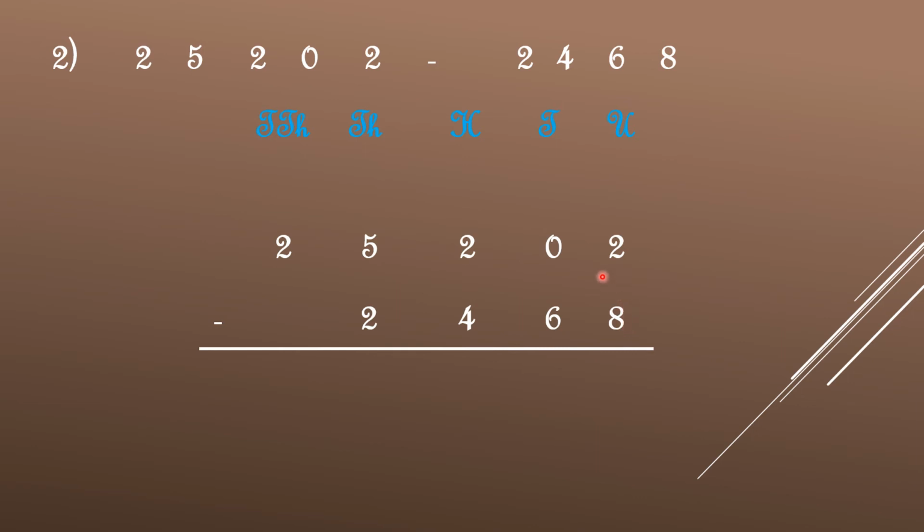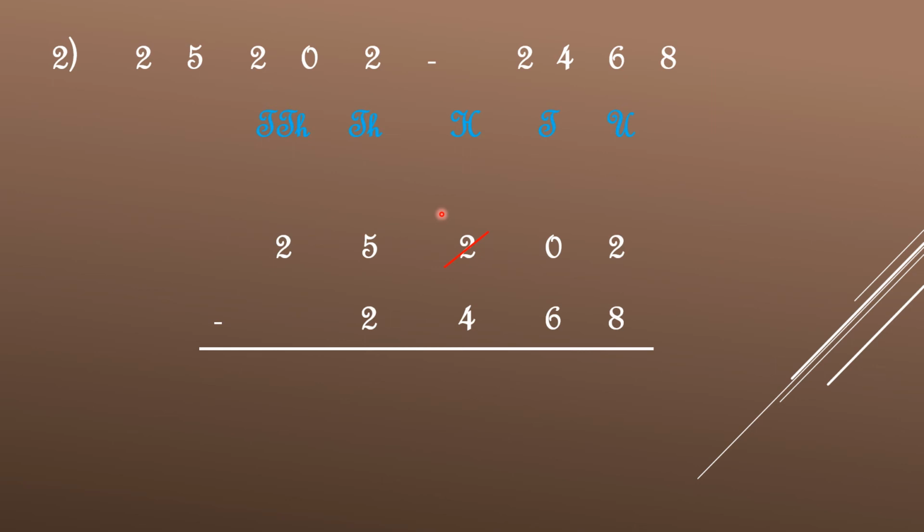So I borrow. Now if you look at this number, children, over here, it shows 0. Now as you know, 0 has no value, so I cannot take anything from here. So I go to the hundreds place. So from 2, I borrow 1. Now I will take this one not in the units place but in the tens place, because that's the order.